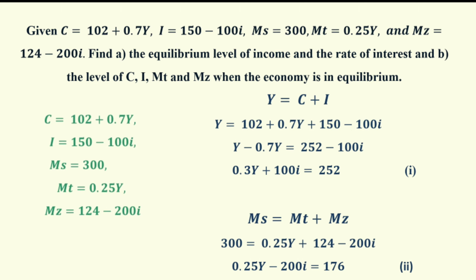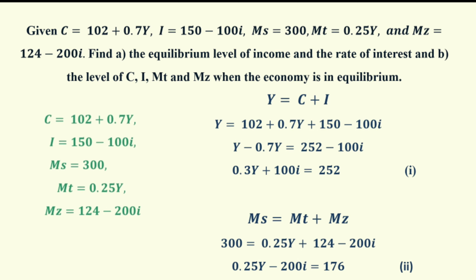So the first equation with two variables is 0.3y plus 100i is equal to 252. Here the two variables are y and i. y is the level of income and i is the rate of interest. Now the second equation can be framed by using money market equilibrium, that is the LM market.